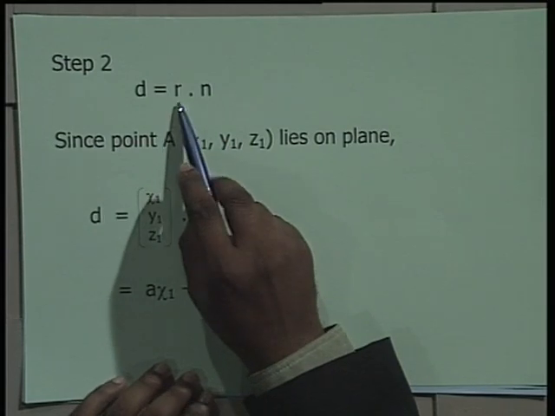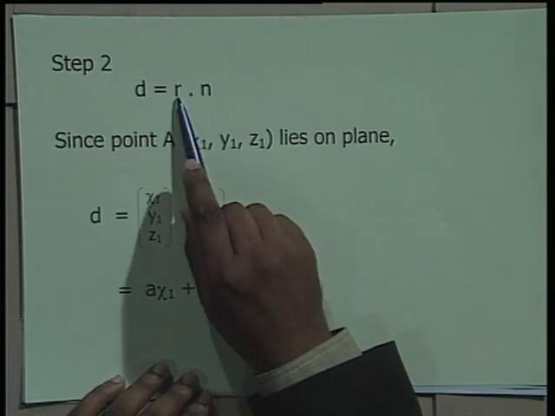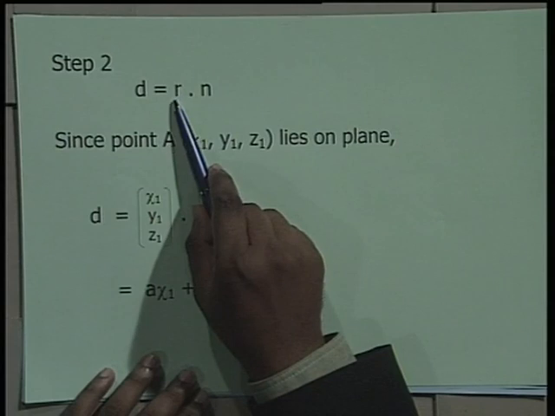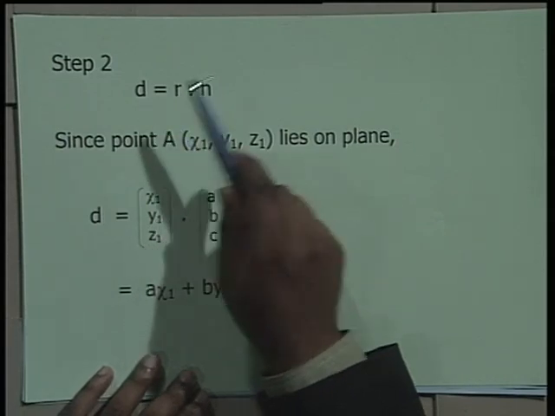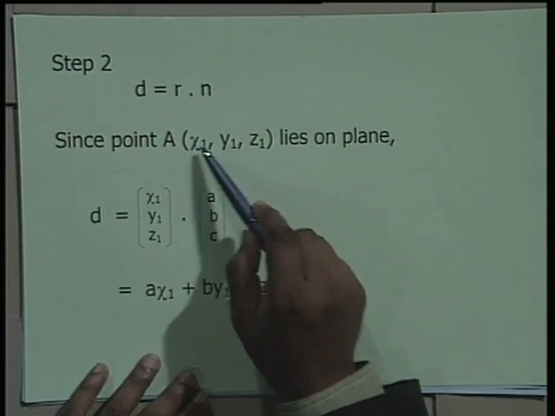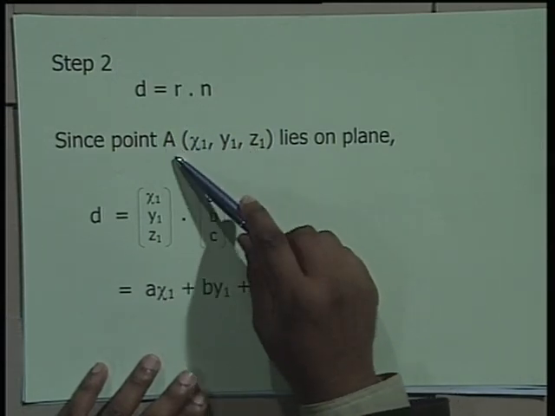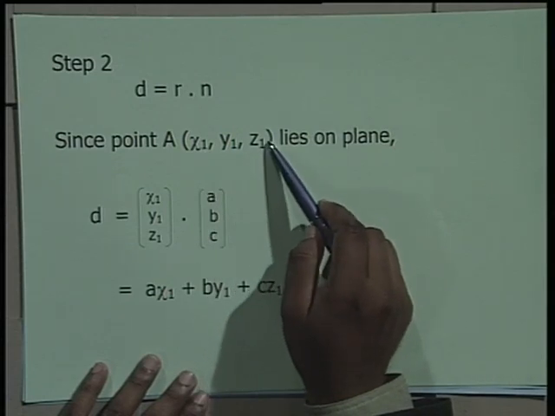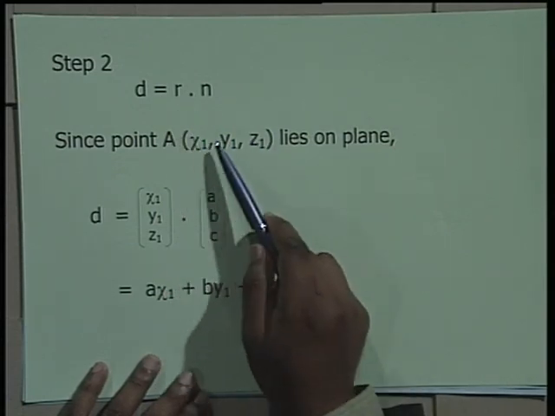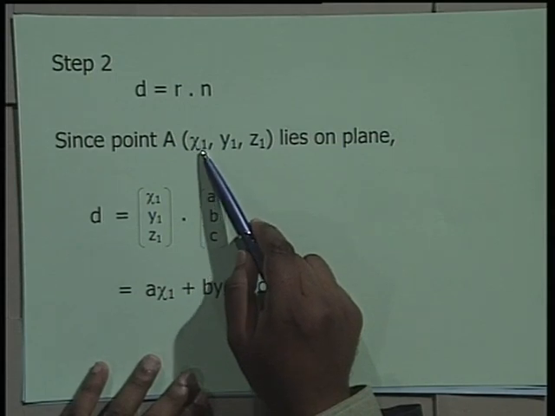Now, in the scalar product form, the equation of a plane is expressed as r dot n equal to d. We take any point lying on the plane, say the point A, which has coordinates x1, y1, z1. We replace r by the position vector of this point.